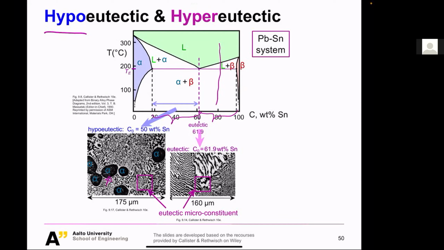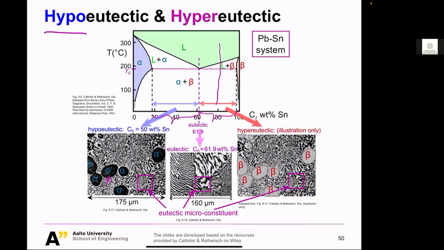And exactly with the same method, if we go with the hyper, so if you go above your eutectic composition, you're creating this so-called hypereutectic region. And hyper, you know, in Greek, so this is again Greek, means above, or over.